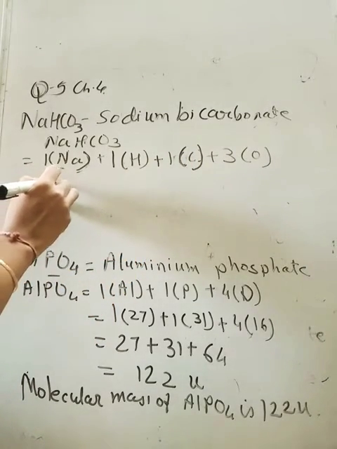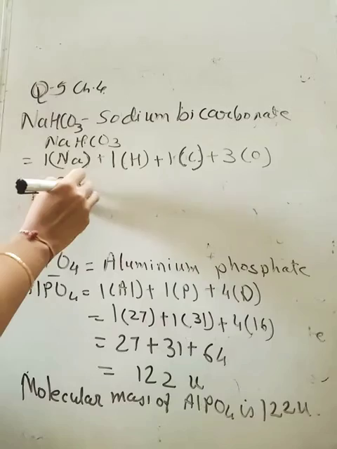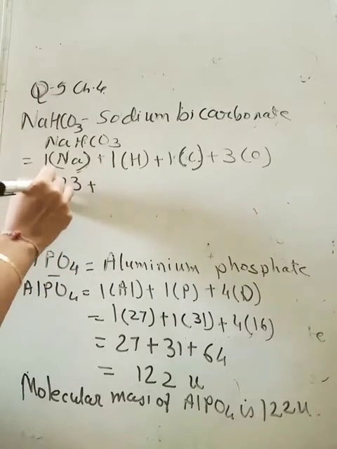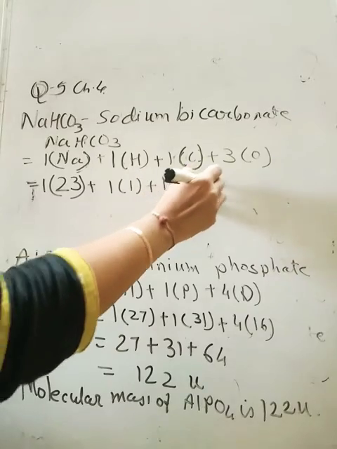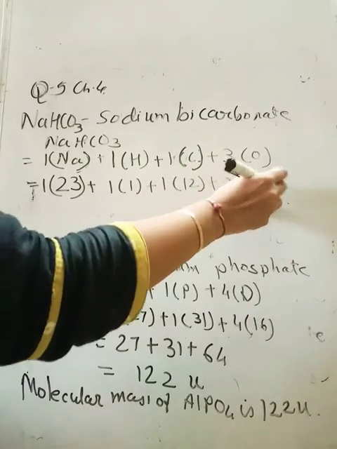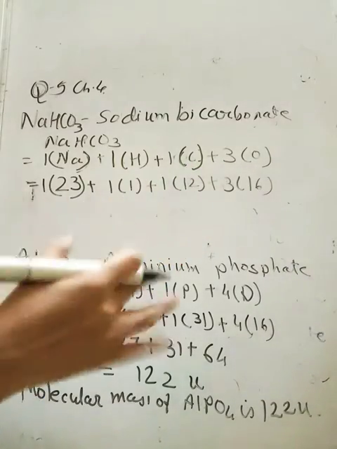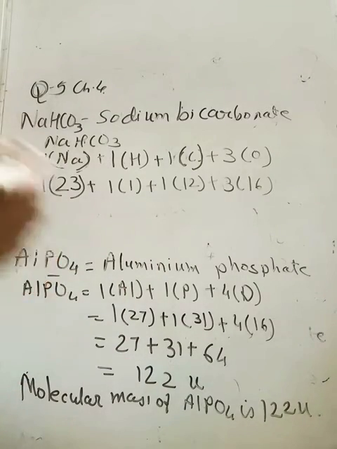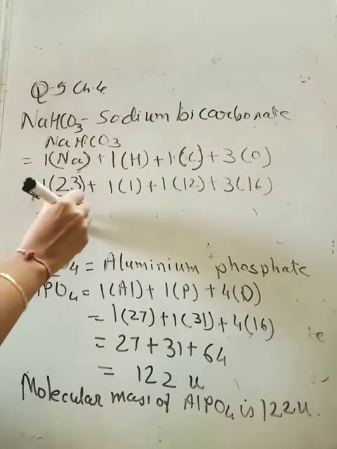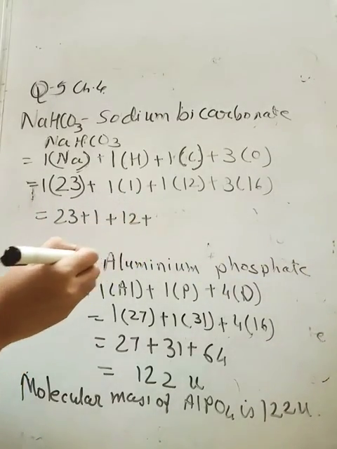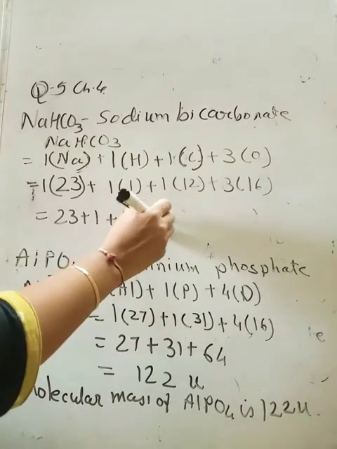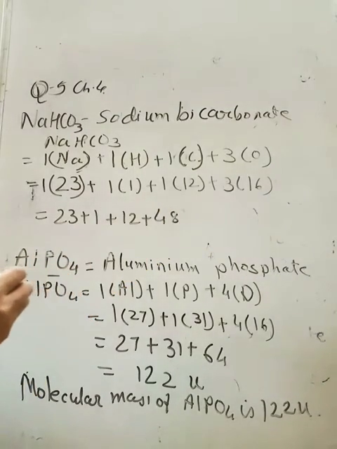So it is, sorry, 1 into 23 plus 1 into 1 plus 1 into 12 plus 3 into 16. Up to now, you will have all of this by heart. Carbon means 12, oxygen means 16. You should be able to. So you have 23 plus 1 plus 12, 16 is 48.